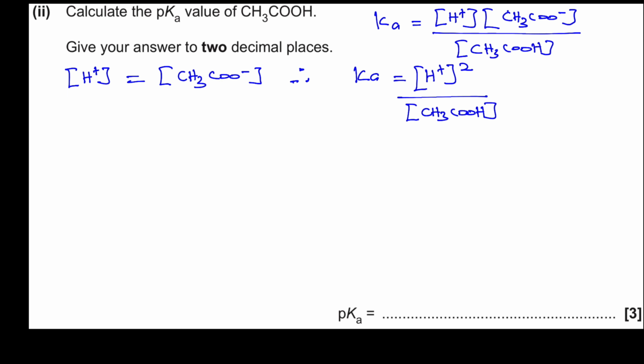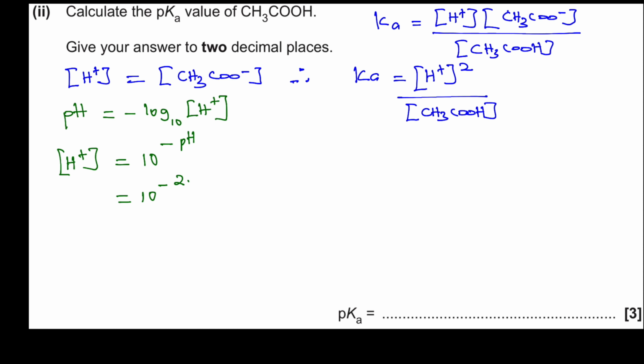But first, we need to find the concentration of H plus. We know the pH is equal to minus log base 10 of concentration of H plus. Therefore, the concentration of H plus is equal to 10 to power minus pH, which in this case is 10 to power minus 2.41, because the pH is 2.41. That's given.